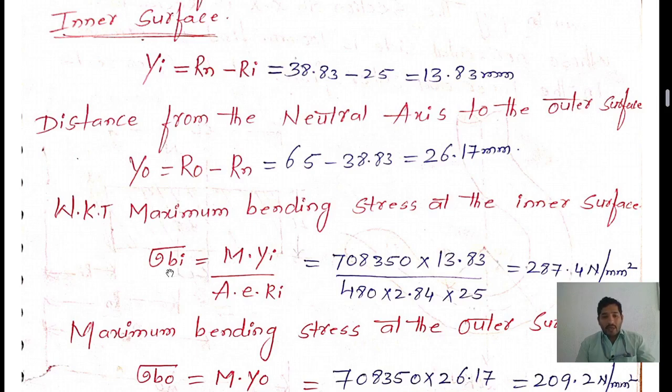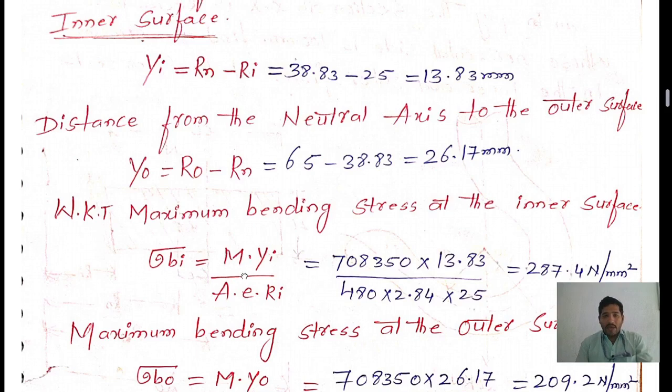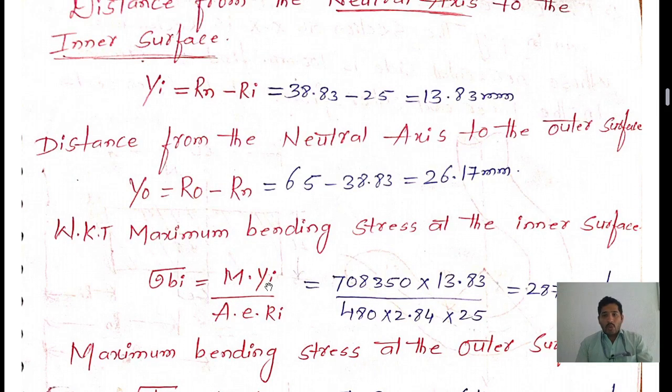So the maximum bending stress acting at the inner surface is equal to the bending moment into the distance from the neutral axis to the inner surface, divided by the area of cross section into eccentricity into inner radius.